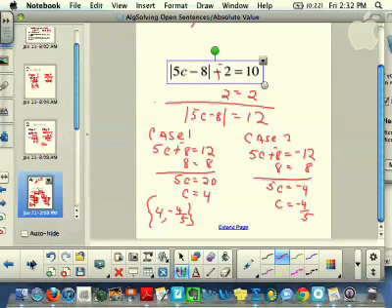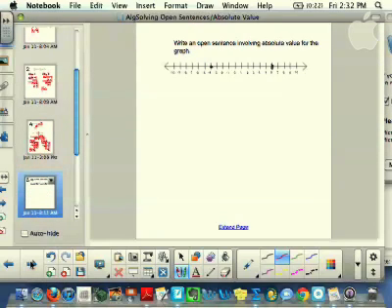The last problem, I'm given a graph and I'm asked to write the open sentence of the absolute value equation. Well, one number is negative 4 and the other number is 6. They're not the same units distance away from 0.